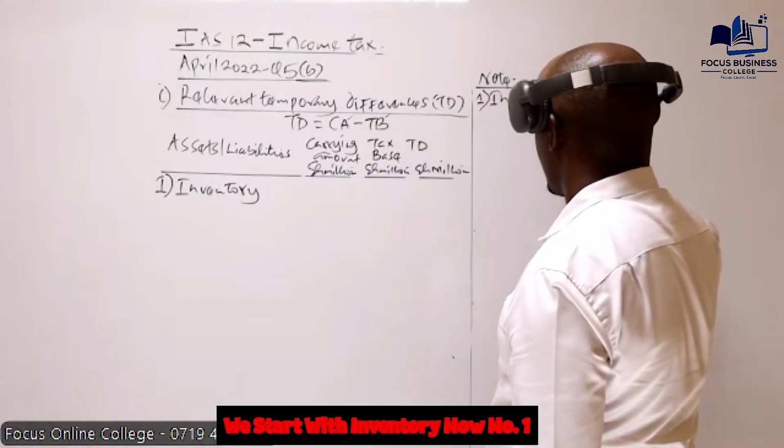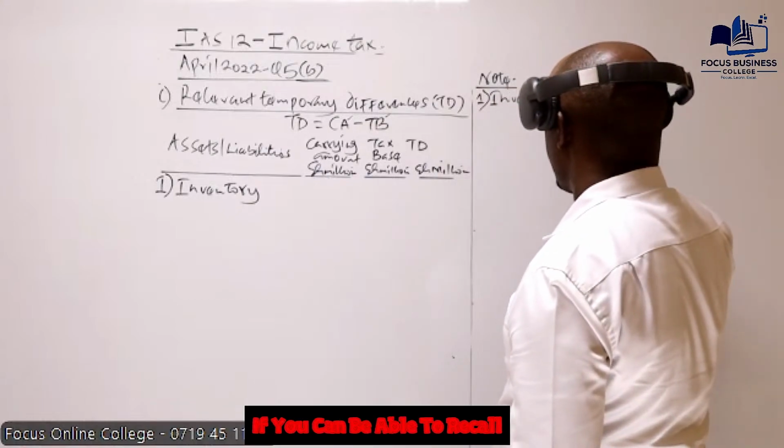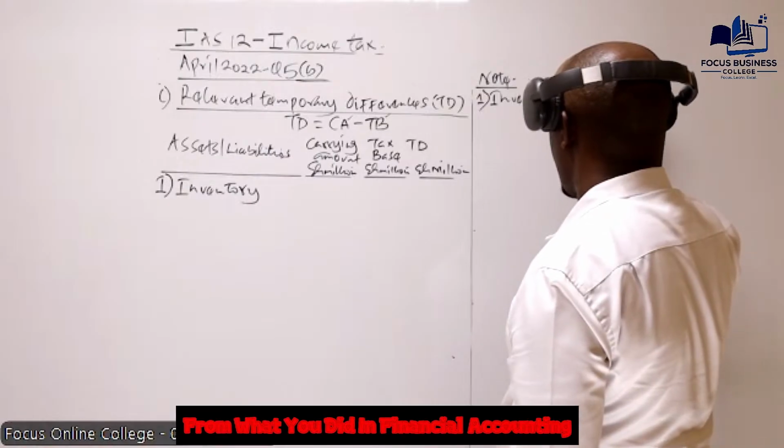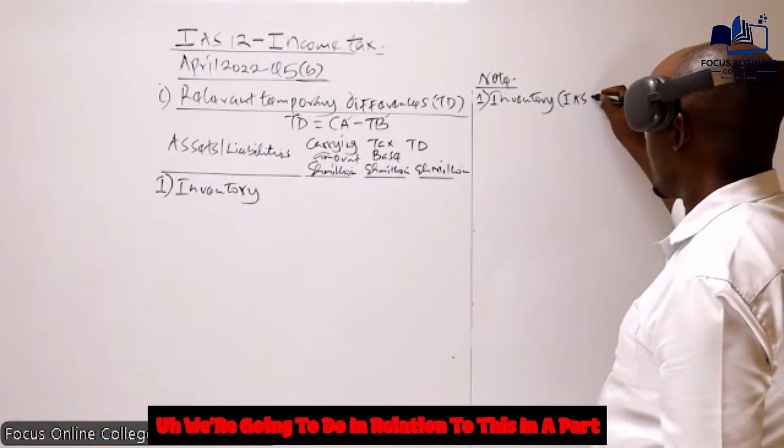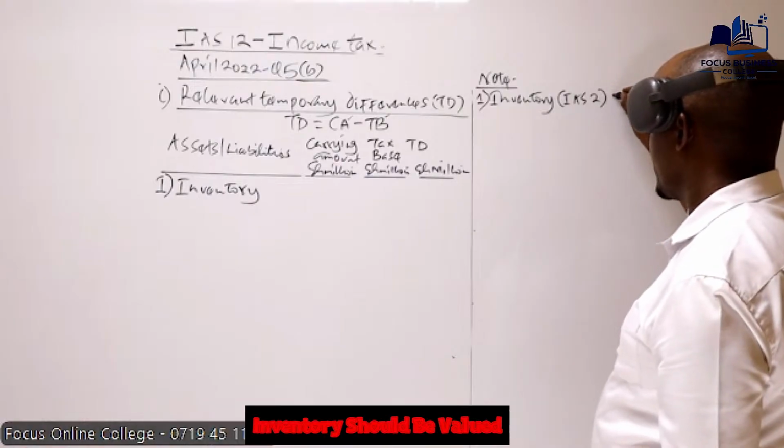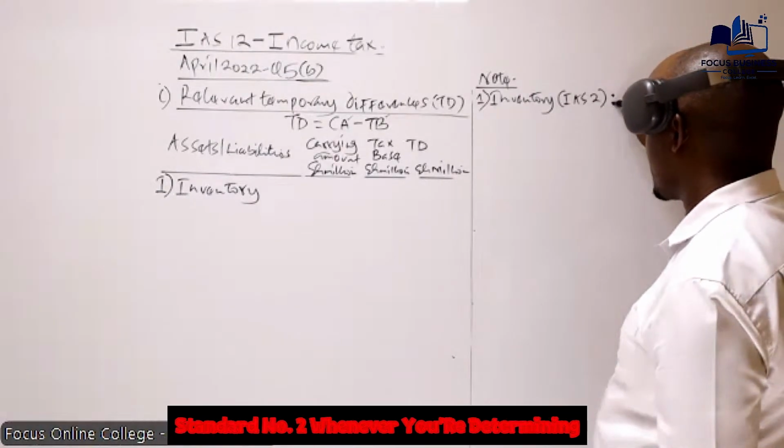We start with inventory. If you can recall from what you did in financial accounting, inventory should be valued in accordance with International Accounting Standard number 2.